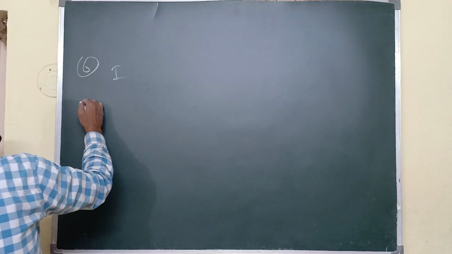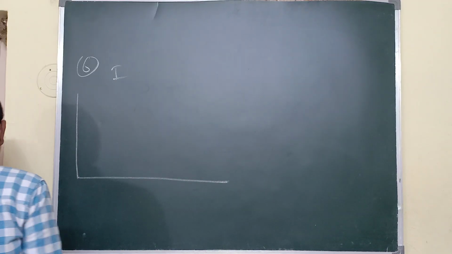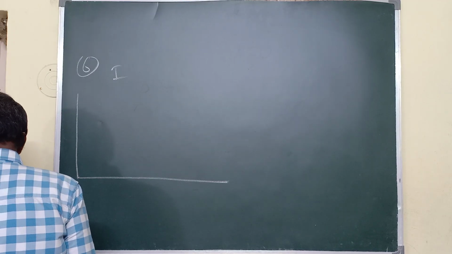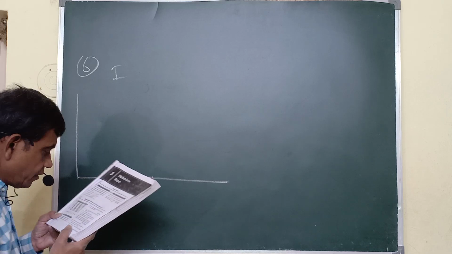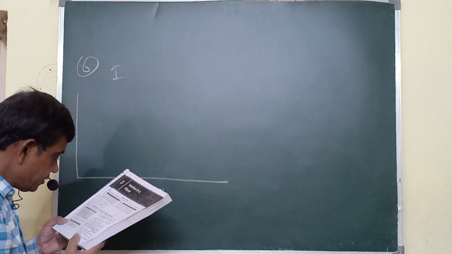Here, what happens in the first case? Both are at 45 degrees. One has speed V0 and the other has speed V, making angles theta naught and theta 1, both equal to 45 degrees.